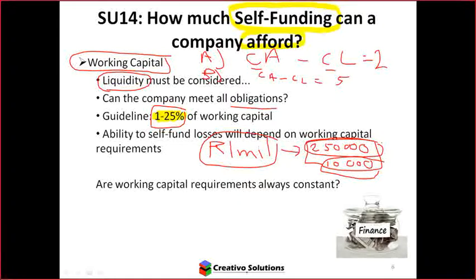And that's what a company needs to look at. The company needs to look at their liquidity, because the liquidity determines how much they can self-fund. So as an individual, if you were earning R1,000,000 a month, there's no need for car insurance. There's no need for a lot of insurance if you think about it, because the majority of those minor expenses can be paid for with R1,000,000 a month.